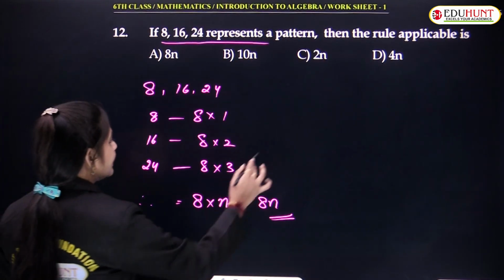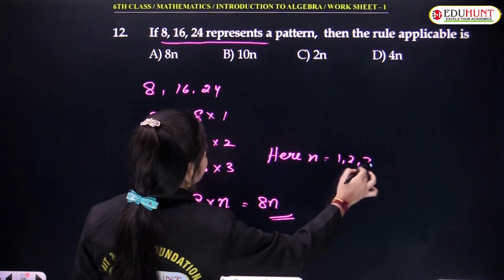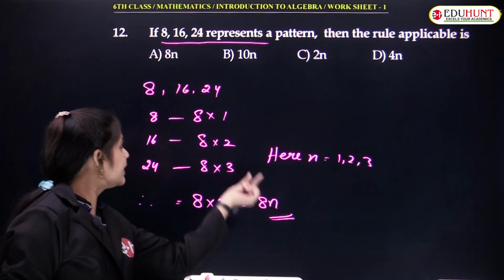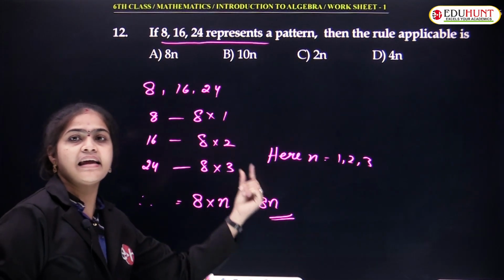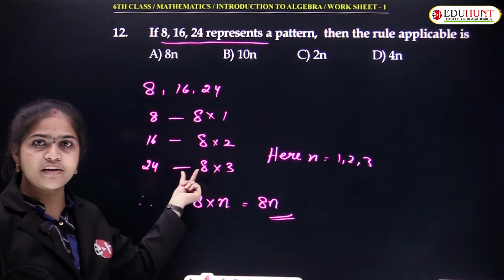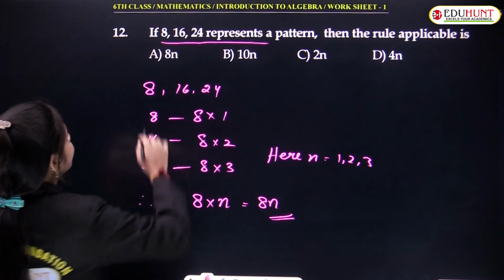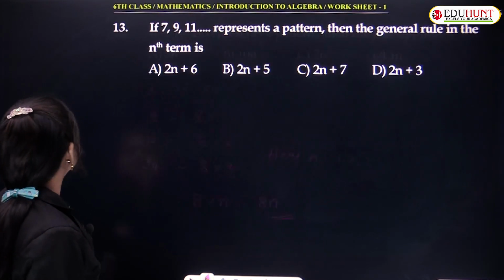Why? Because n is equal to 1, 2, 3. If you take n equal to 1, you get 8. n equal to 2, you get 16. n equal to 3, you get 24. Understood? Then finally, what rule does it satisfy? 8 into n, 8n. Option A is correct.